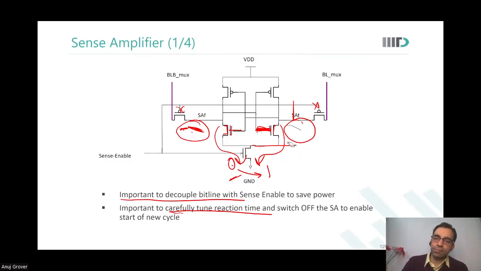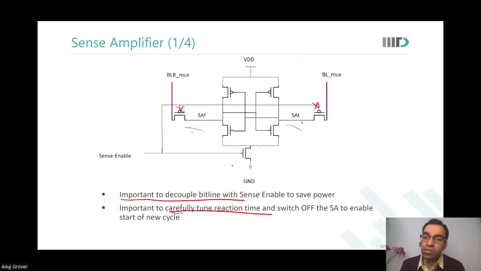Okay. I'm just taking one example. You could take an example where the other side discharges more. There's no difference. What is important to realize is whichever side was discharging more will continue to discharge faster because of the gate voltage also now.